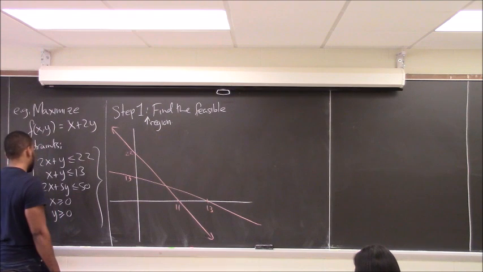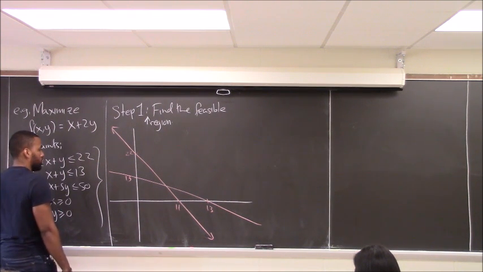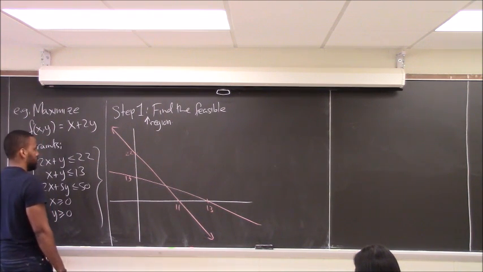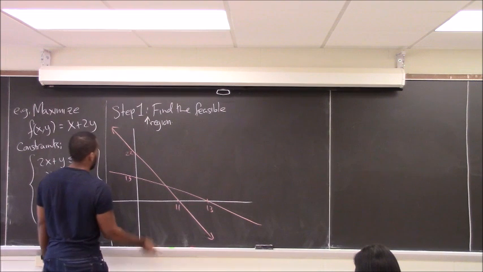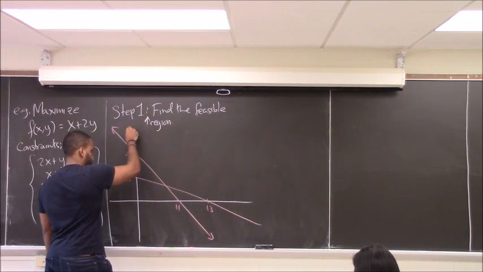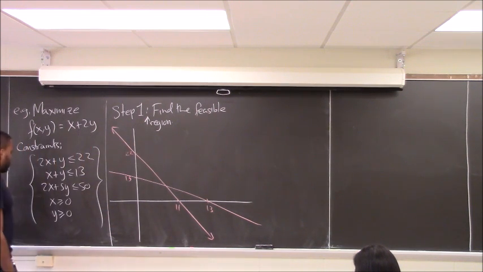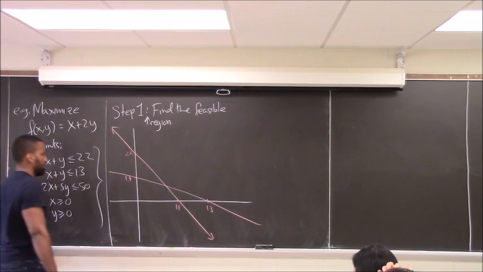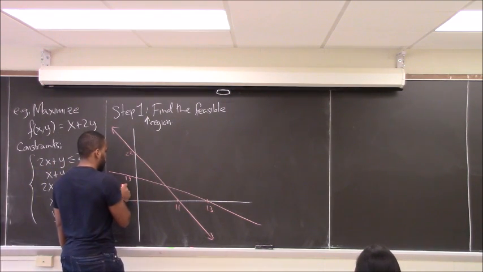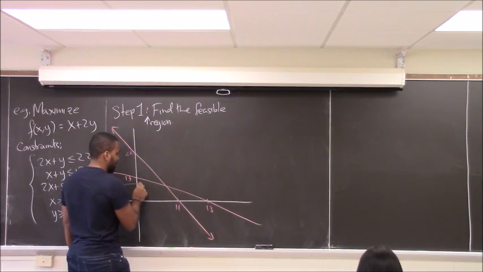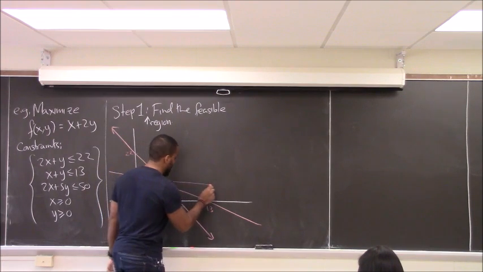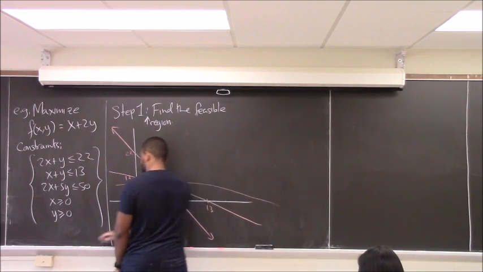And then the next one, 10 and 25. 10 is on the y-axis. It's supposed to connect, though not drawn to scale.